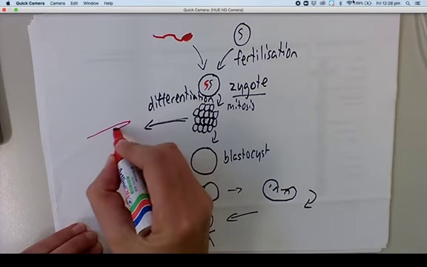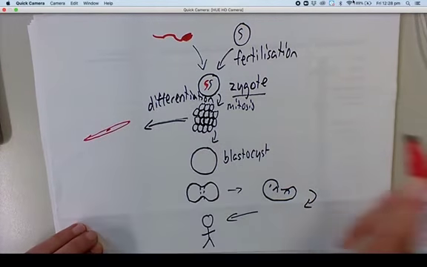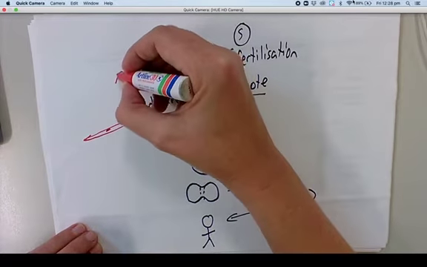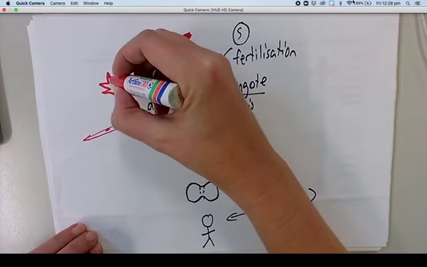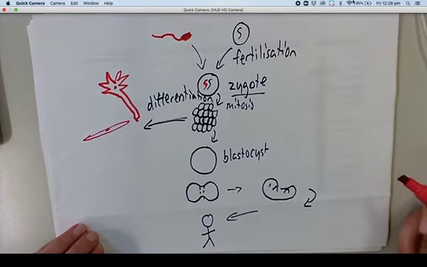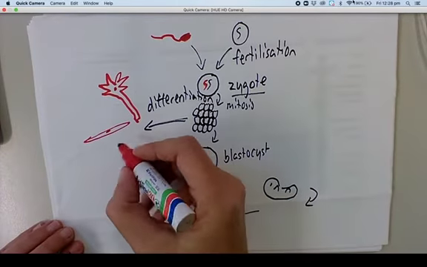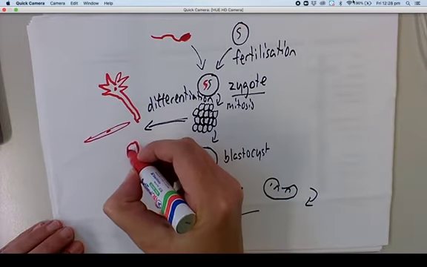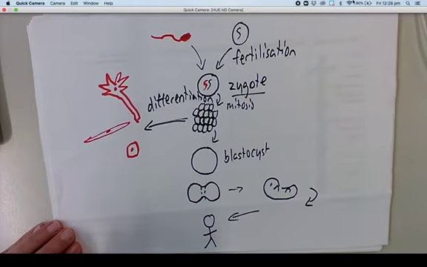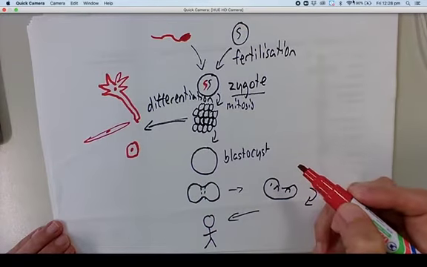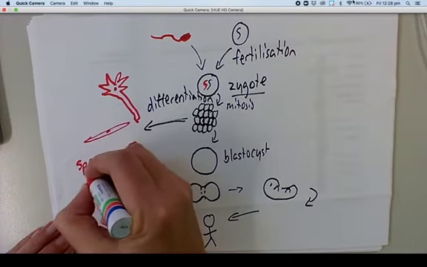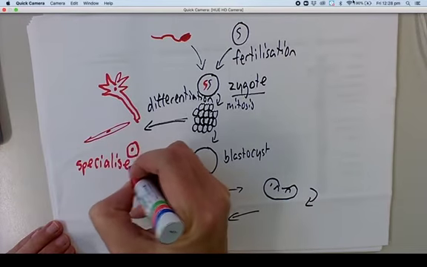So that might be a long, thin muscle cell, or it might be a weird shaped kind of neuron, part of our nervous system, or it might just be a skin cell or epithelial cell. So this process we refer to as differentiation, and these cells, we would say, these are specialized cells.